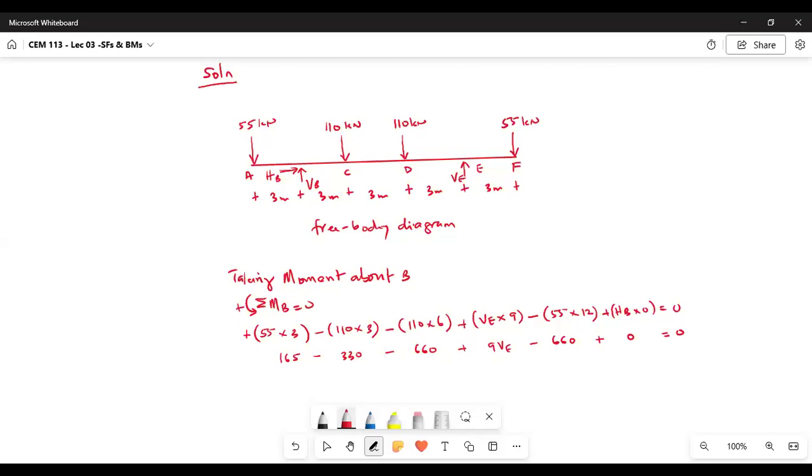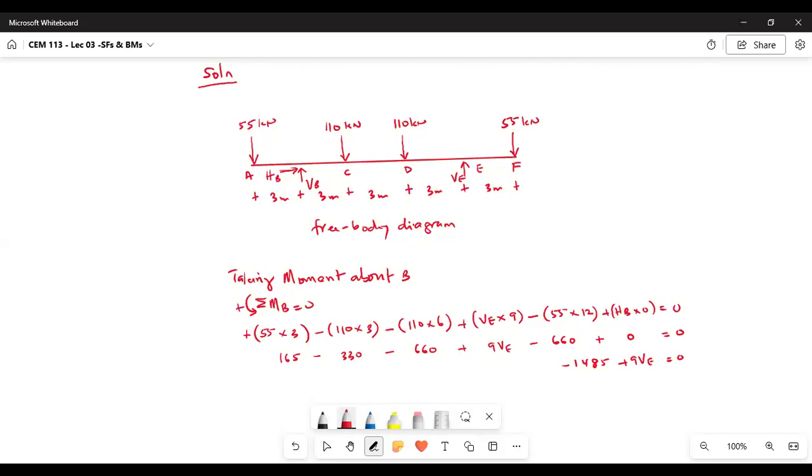So when we put all this together, we have minus 1485 plus 9 VE is equal to 0.